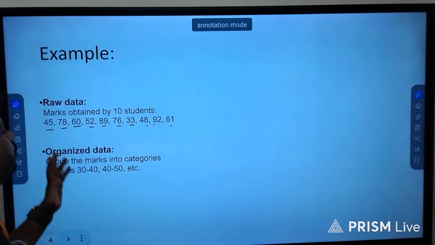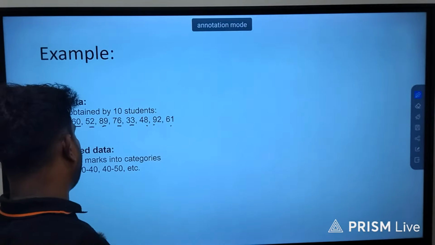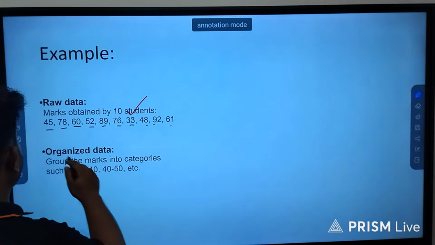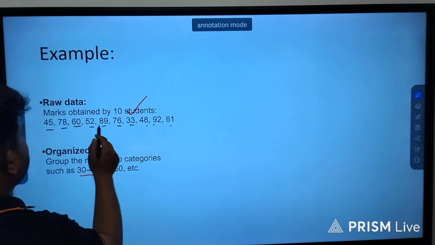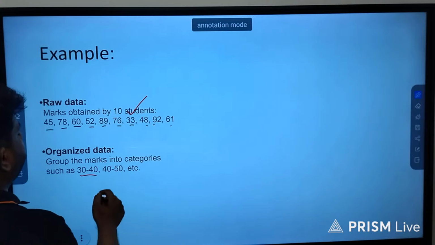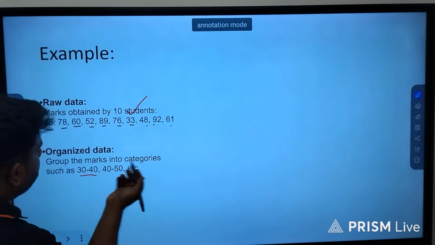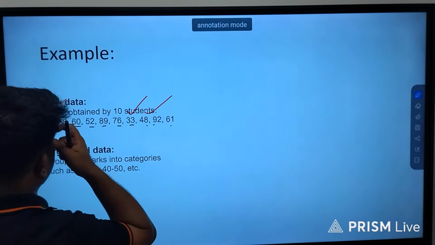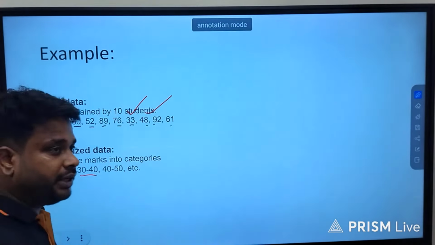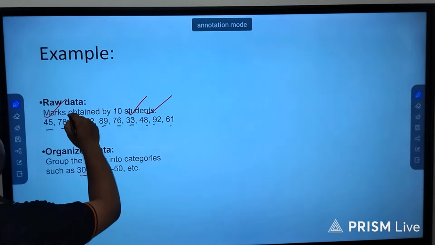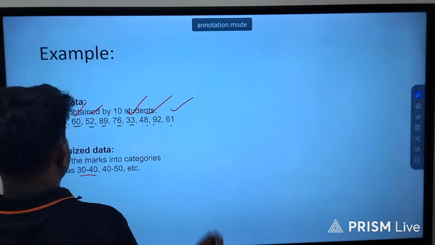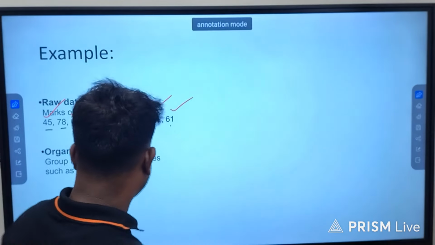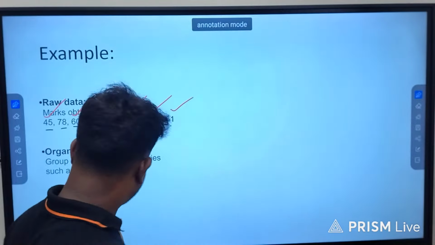If we group the marks from the given raw data, from 30 to 40 we will have 33, and from 40 to 50 we will have 45, 48, and so on. From 50 to 60 we will have 52, and 61 will come under 60 to 70. So this is just the range or organization of data.